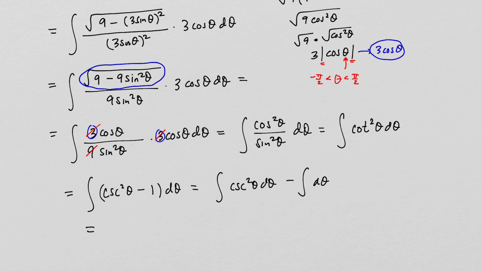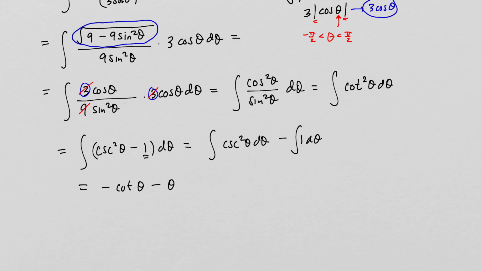Do you know what it is? Well, we know the integral of secant squared is tangent, so the integral of cosecant squared is actually negative cotangent of theta. And then don't forget, you also have to take the antiderivative of negative 1 right there, and so that's going to be negative theta.